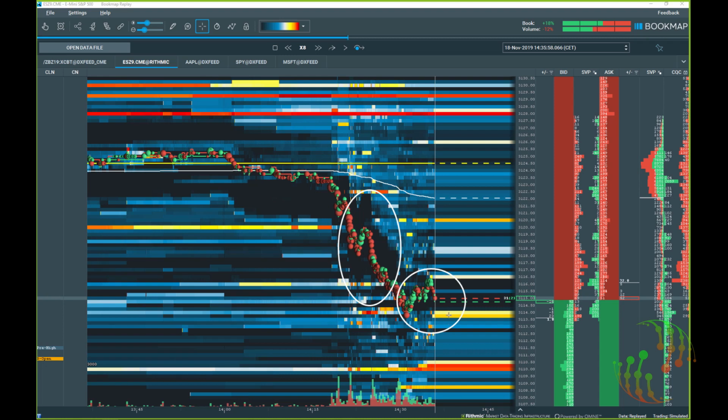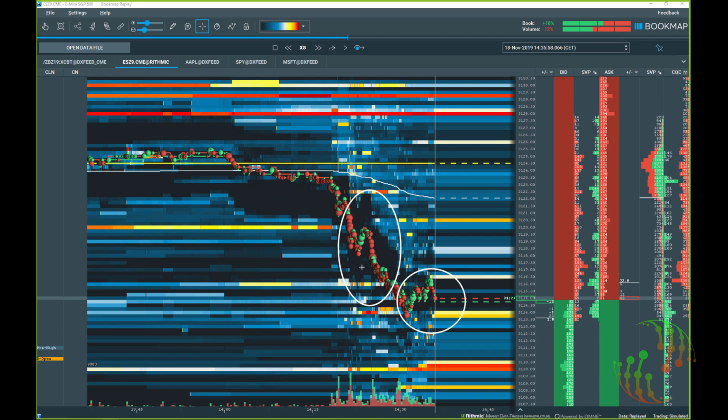First of all, what I would like to point at is, look around the price movement. What do we have here? We see nothing. It's a black area here. You see that? There's no liquidity. They're illiquid reversals. Absolutely.